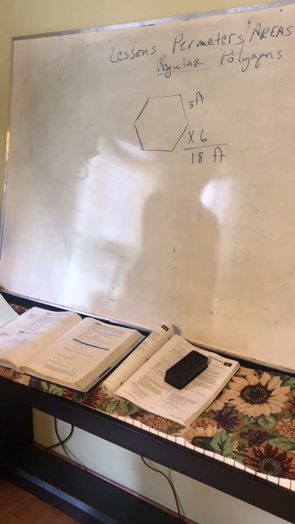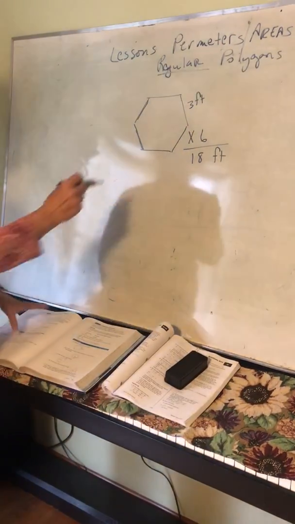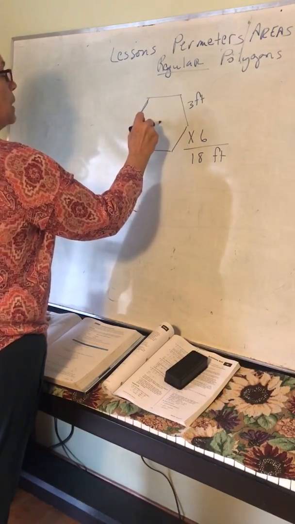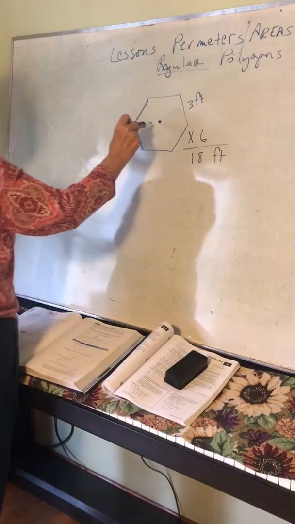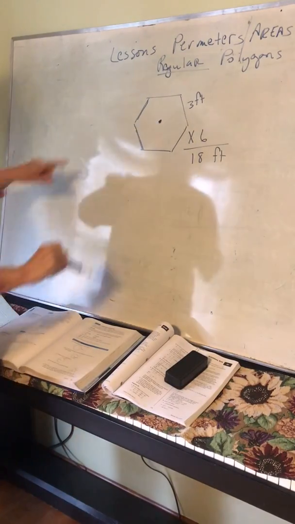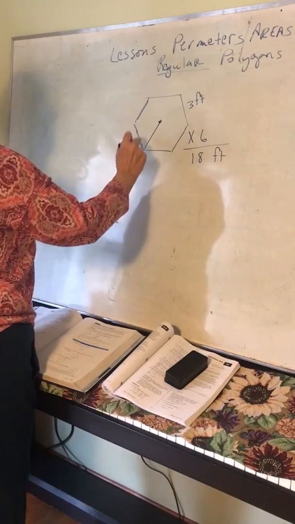Now, when we want to figure the area of a regular polygon, I'm going to give you the formula, but what we're actually doing is cutting it into triangles from the center of the polygon.